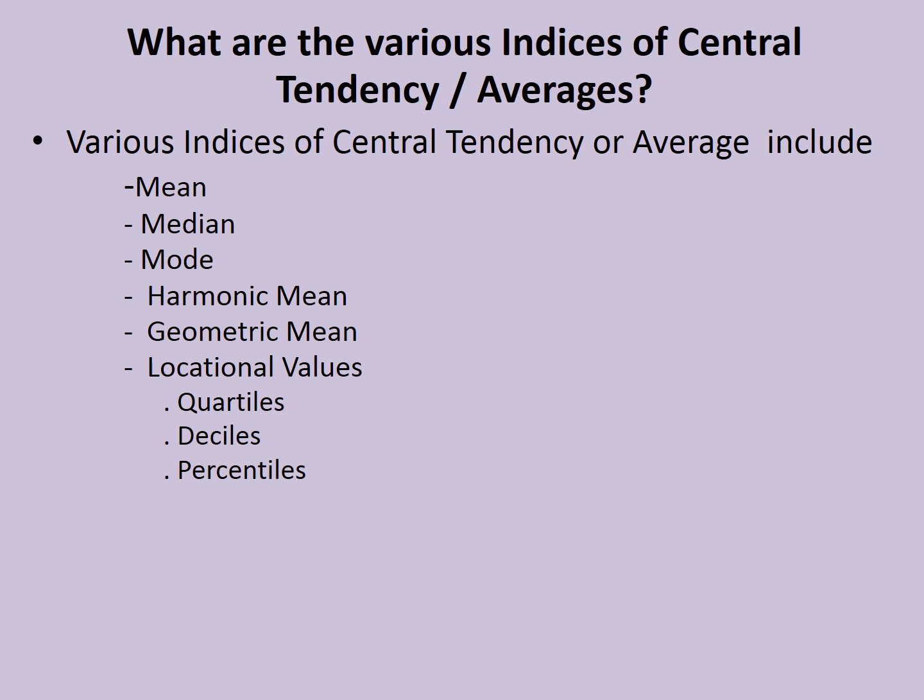In the following sections, we will look at the mean, median and mode, and learn how to calculate them and under what conditions they are most appropriate to be used. Other than that, there are the harmonic mean, geometric mean and various locational values, the details of which we are going to cover in upcoming lectures. So let's start.